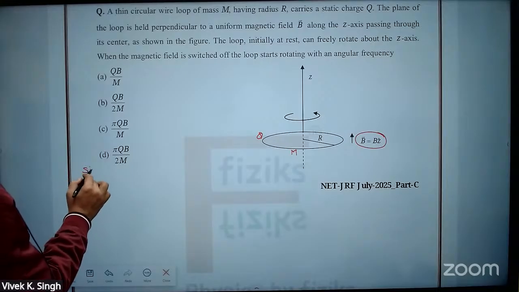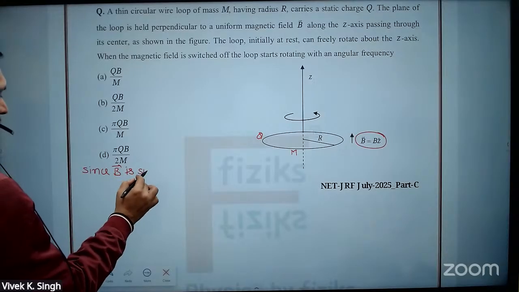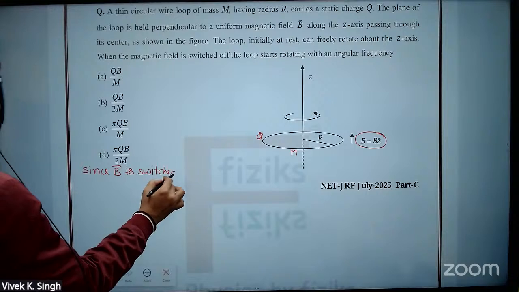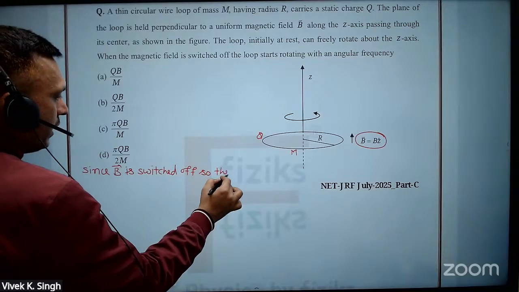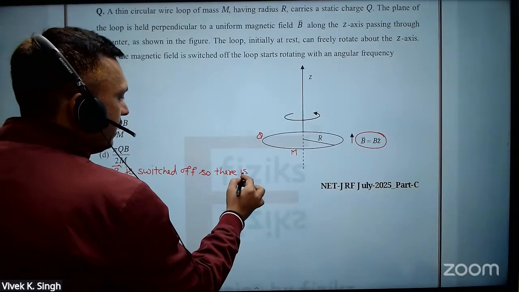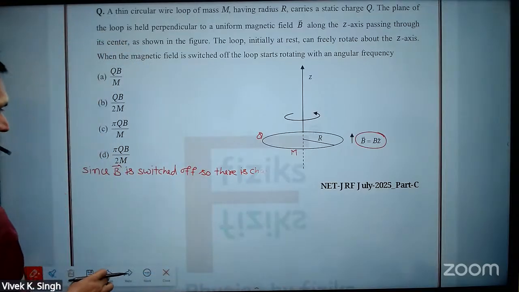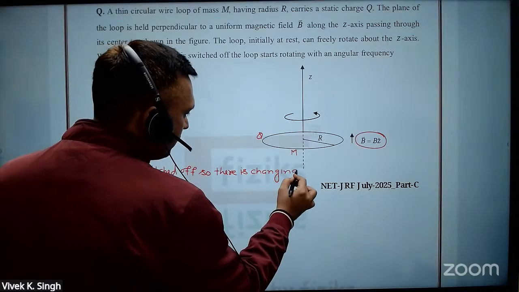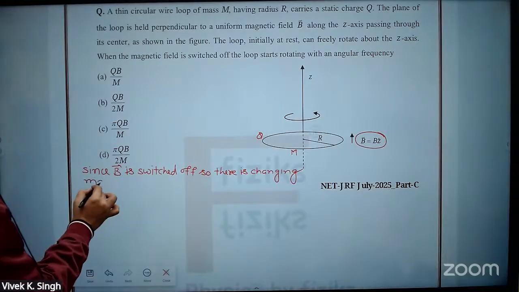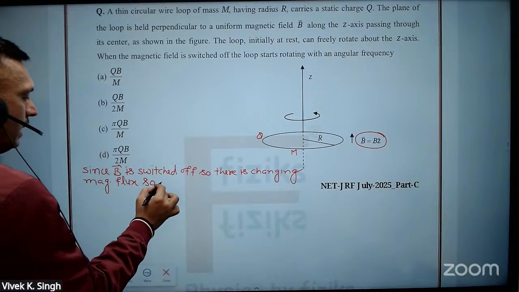Since B is switched off, there is a changing magnetic flux, so an electric field will be induced.